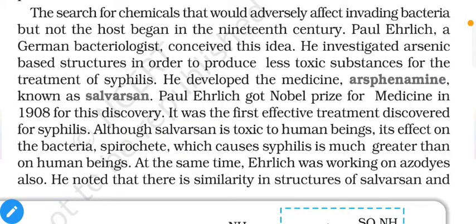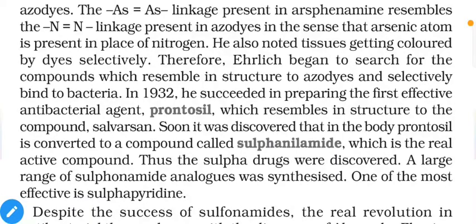At the same time, Ehrlich was also working on azo dyes. He noted that there is a similarity in the structure of salvarsan and azo dyes, as the As=As linkage present in arsenophenamine resembles the N=N linkage present in azo dyes, in the sense that an arsenic atom is present in place of nitrogen.